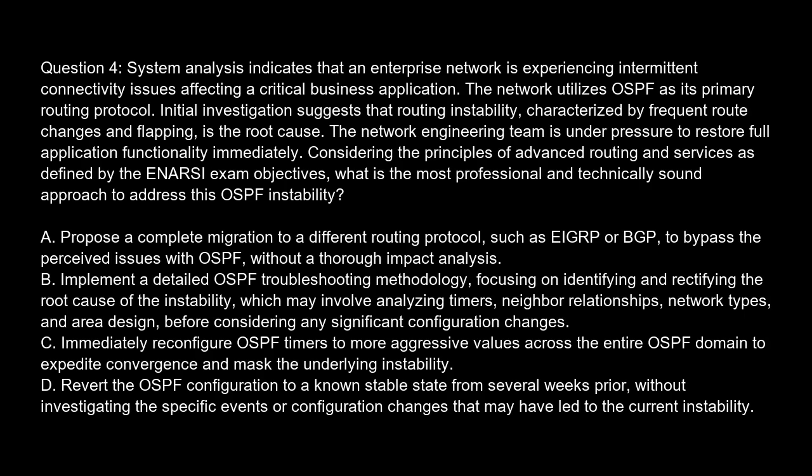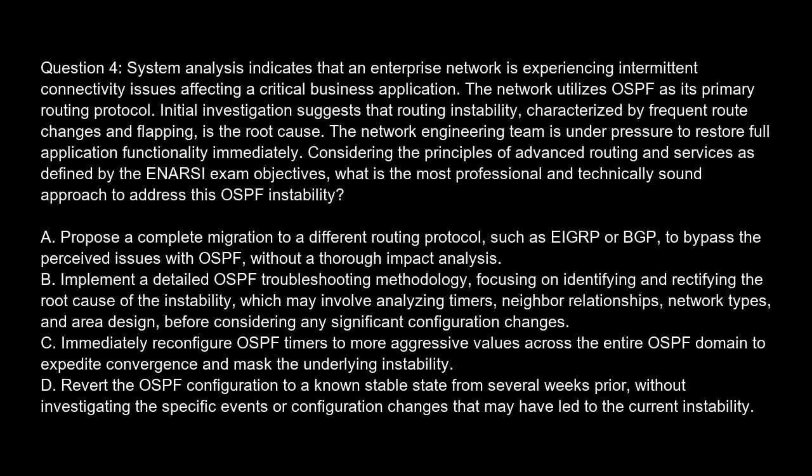Option A. Propose a complete migration to a different routing protocol, such as EIGRP or BGP, to bypass the perceived issues with OSPF, without a thorough impact analysis. Option B. Implement a detailed OSPF troubleshooting methodology, focusing on identifying and rectifying the root cause of the instability, which may involve analyzing timers, neighbor relationships, network types, and area design, before considering any significant configuration changes.